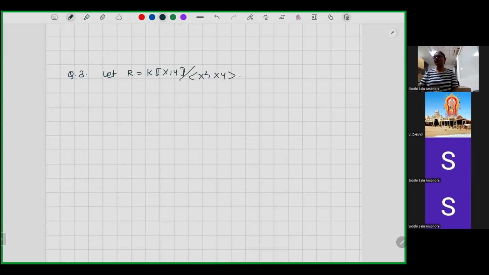Now this x square comma xy is an ideal in the formal power series ring, and so on.